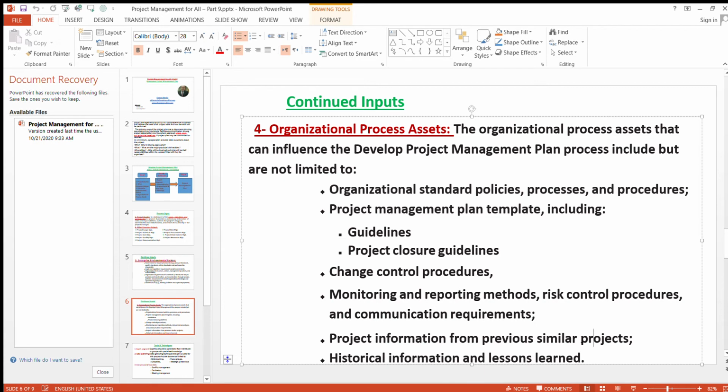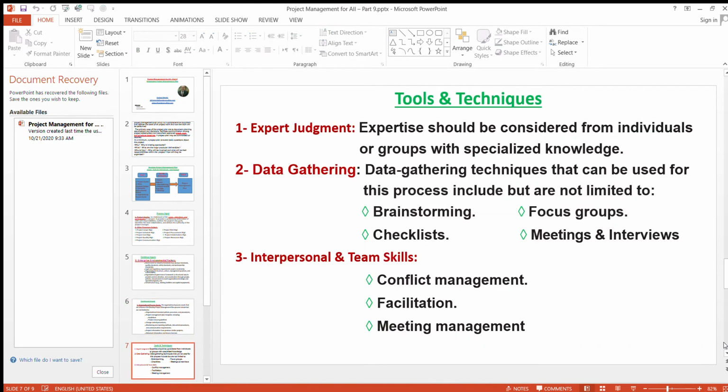You should use it to help you produce your project management plan and also the project documents. And the last thing is the historical information and lessons learned. Historical information from previous projects and lessons learned from previous projects. Lessons learned could be positive and negative. So these were the inputs to how to develop the project management plan.